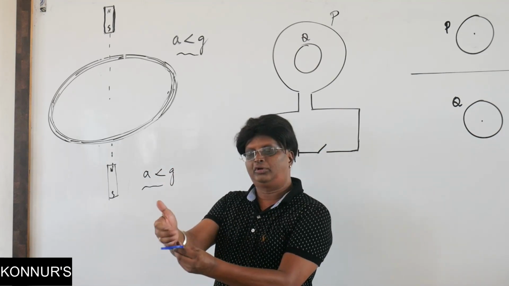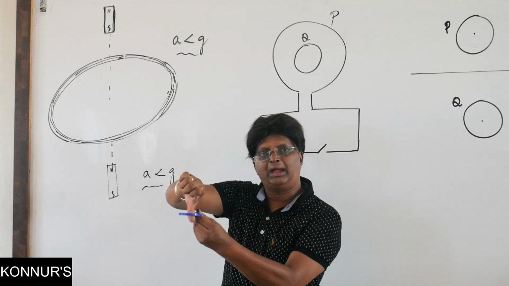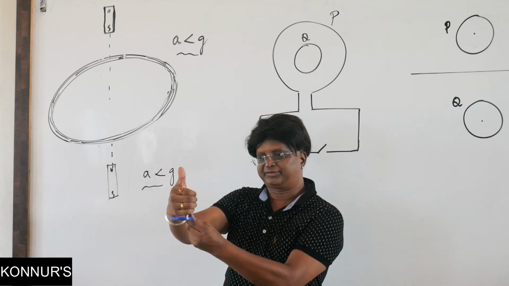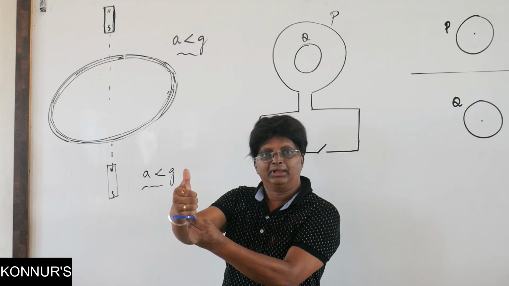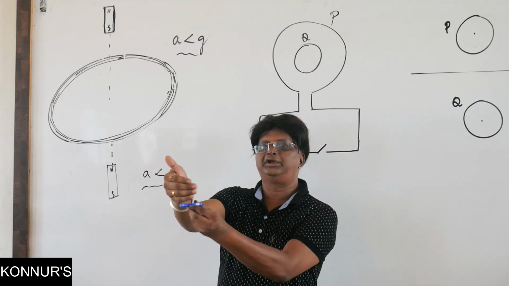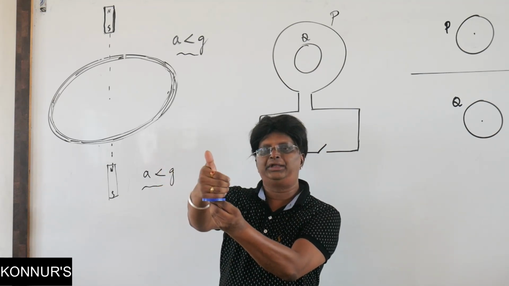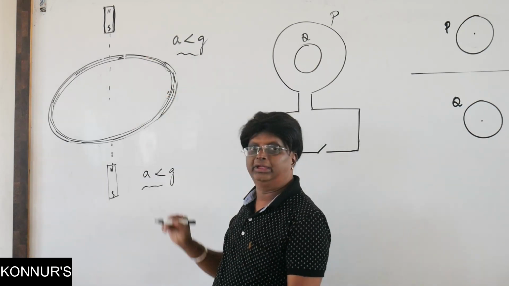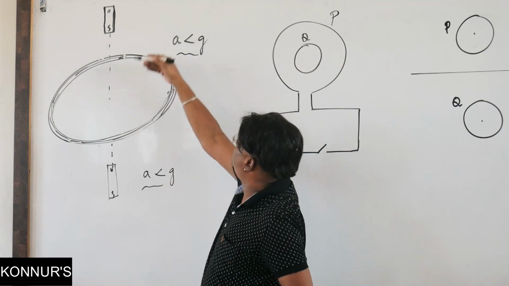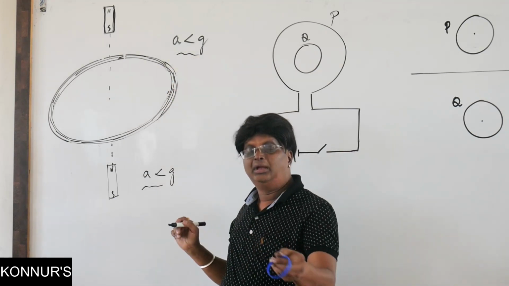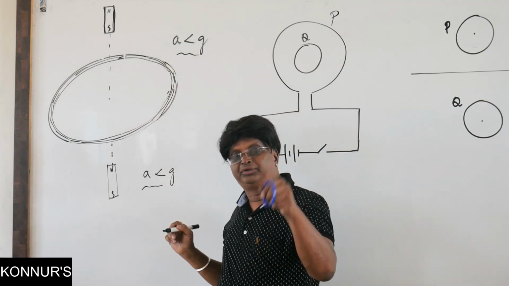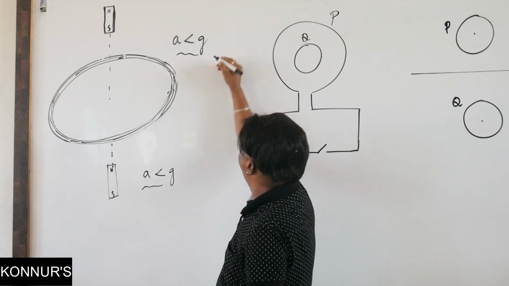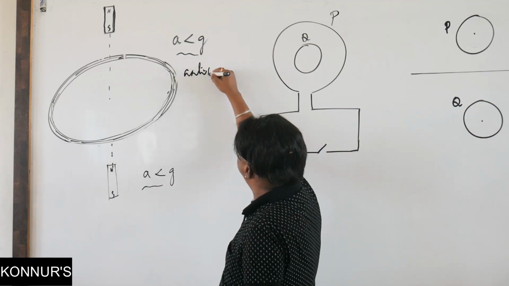Therefore, if this is the inward flux we had earlier, now it should be upward flux we should get due to induced currents. So that induced current, as you will see, will be in the anti-clockwise direction. Therefore, when the magnet is falling above the ring, a is less than g, but what is the direction of induced current? Induced current will be in the anti-clockwise sense.